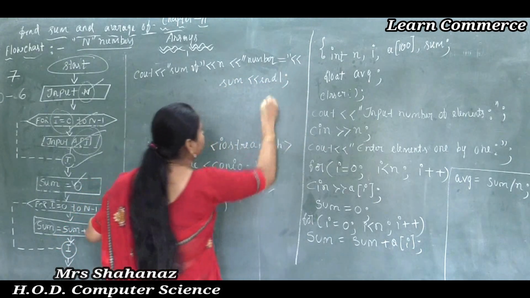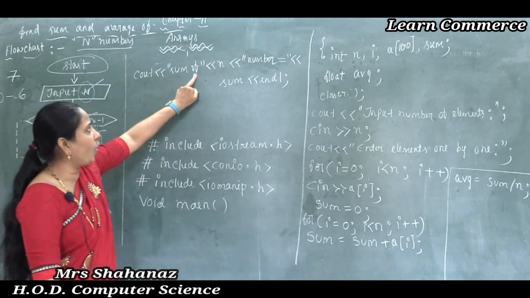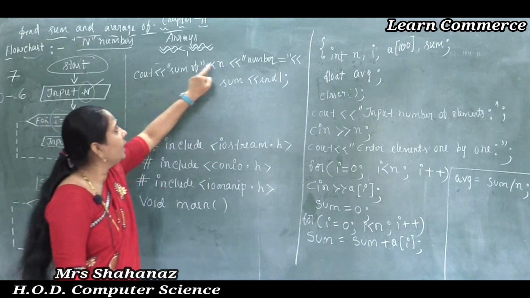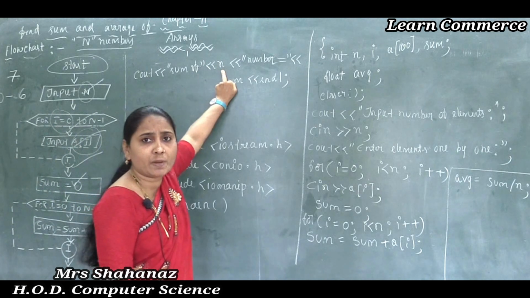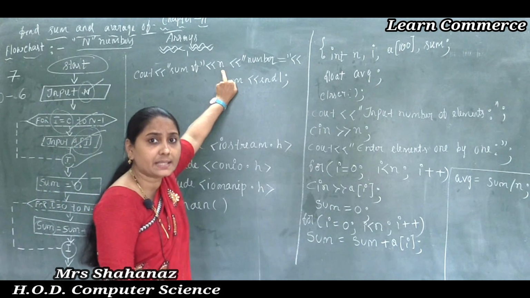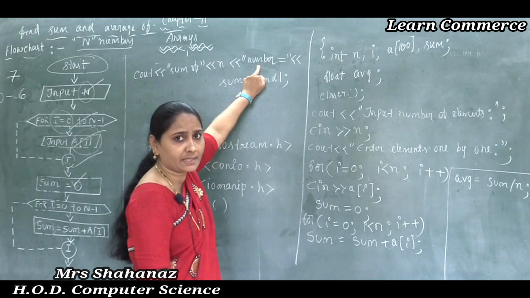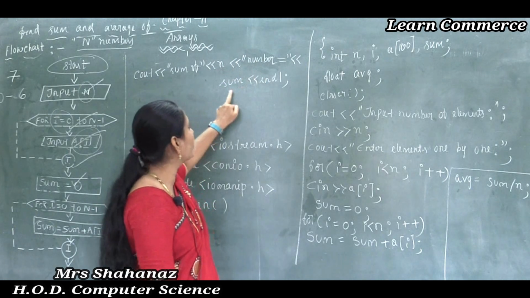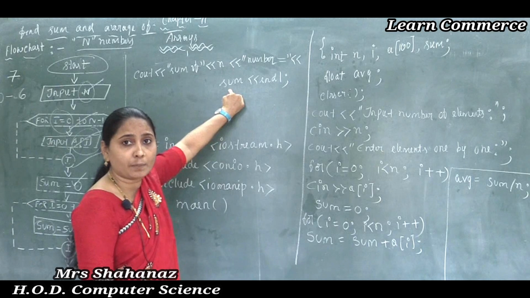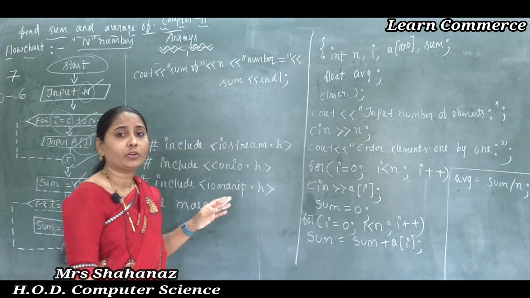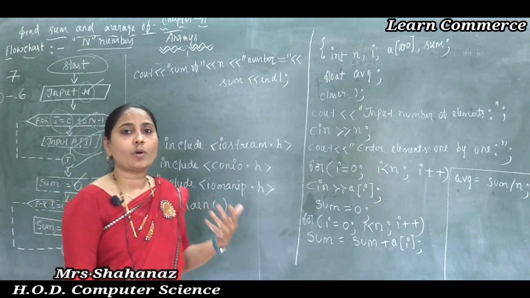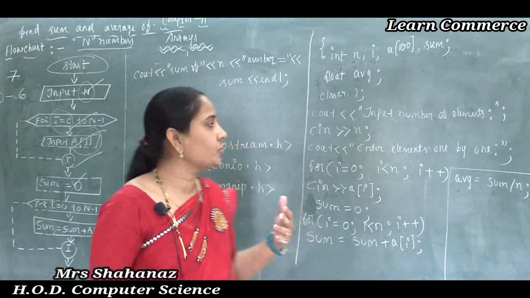So what is the message it is going to display? The sum of n, that means it displays the value of n, that is 6. So sum of 6 and again number is displayed as a message, number is equal to, and then the sum value. Here we did not use the double quotation, so whatever the value is, that value is going to be displayed here.